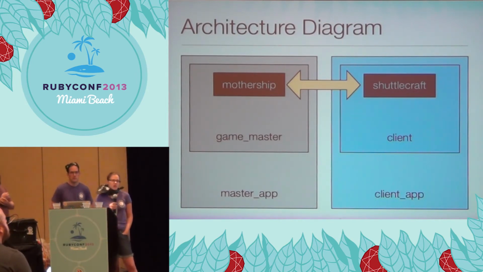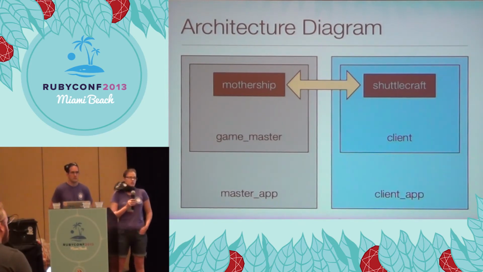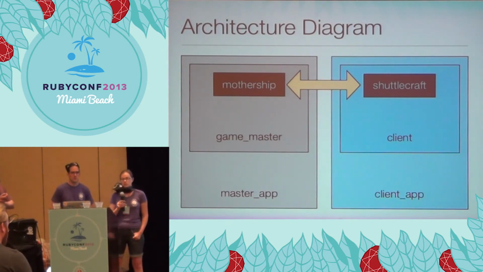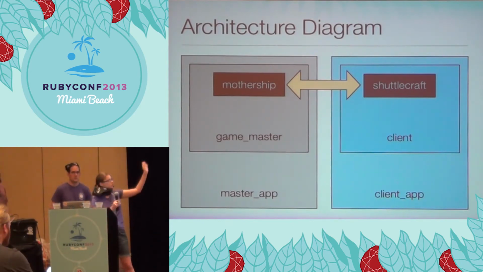Pretty much any game logic is not in the main Shoes app itself, it's in the sub-object. So the game master knows how to generate stages, collect information about the actions, et cetera, and the client knows how to automatically generate the actions and watch for the button clicks and all that fun stuff. And then the shuttlecraft gem handles all the communication through the Tuple Space.